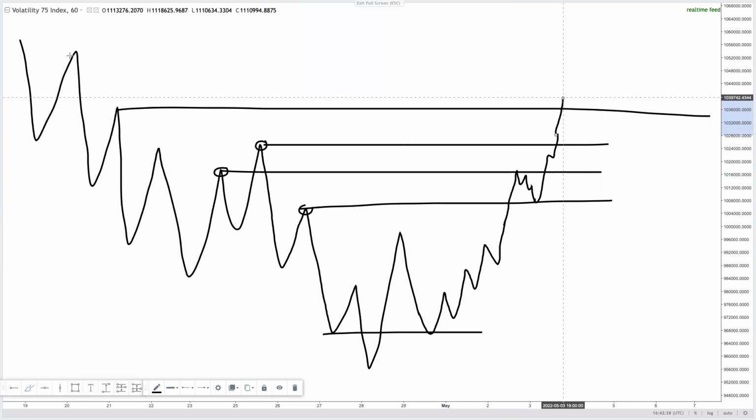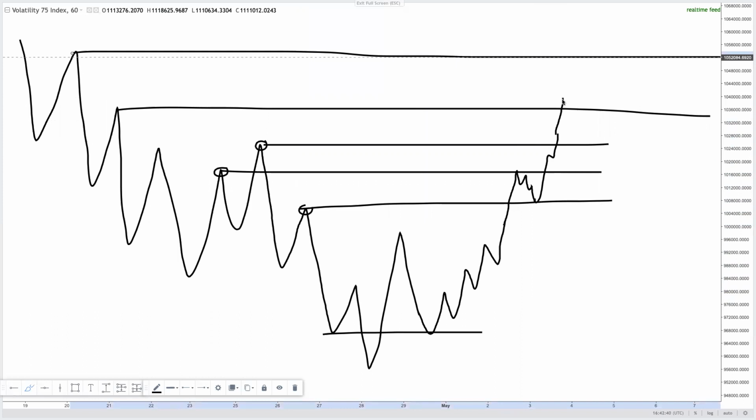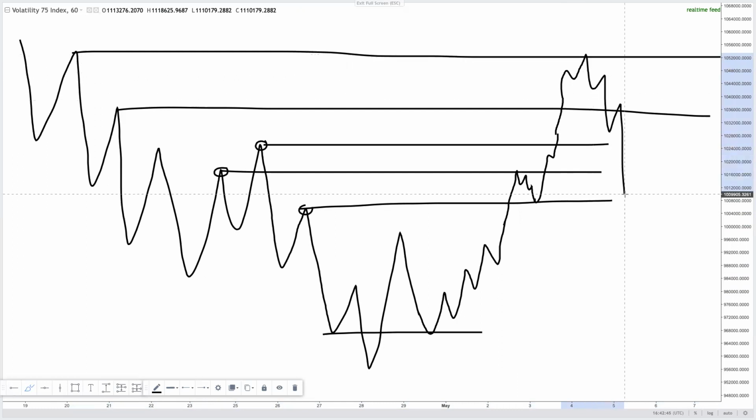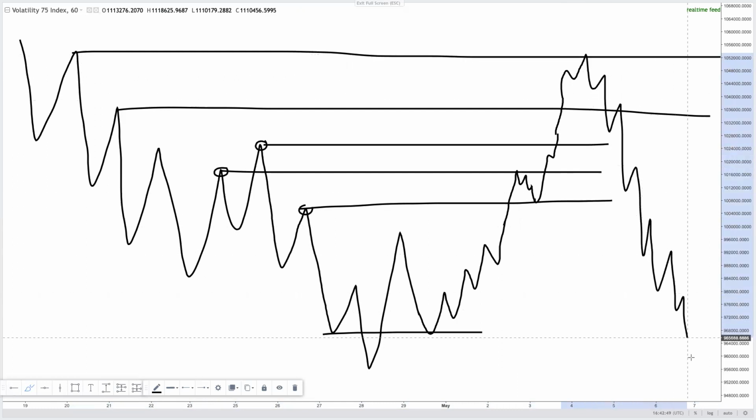But if price comes to this structure right here and tends to respect it, that means I'll close my position and look for a sell trade. That means I may take my profits right here, and at the same point, I may take a sell. So that's how we usually take our profits and put our stop loss.